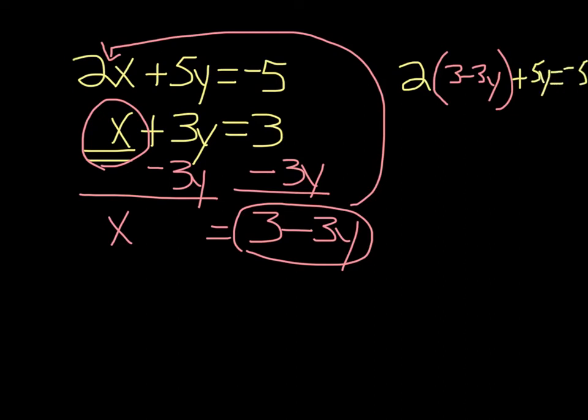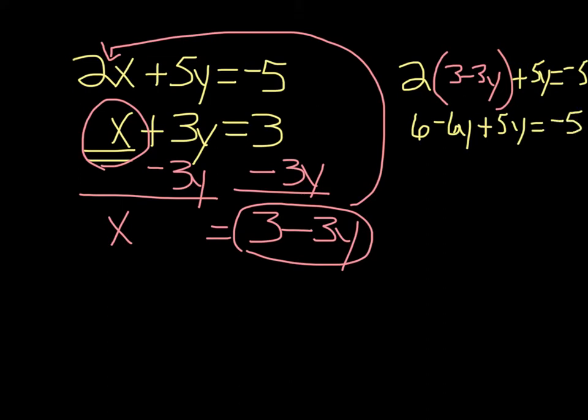Now we're just going to solve this. What that did for us was eliminate the x variable, so now we have an equation that only has y in it. We distribute our 2, which gives us 6 minus 6y plus 5y equals negative 5.